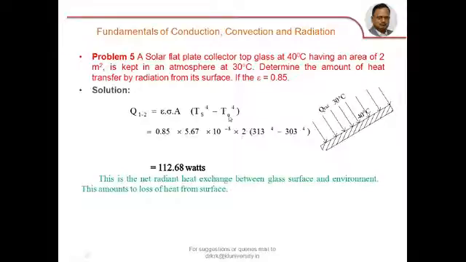Ts and T alpha should be in Kelvin: 313 to the power 4 minus 303 to the power 4, which gives 112.68 watts. This is the net radiant heat exchange between the glass surface and the environment. This amounts to loss of heat from the surface.